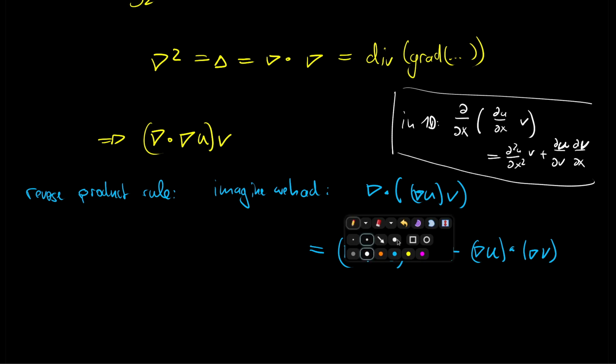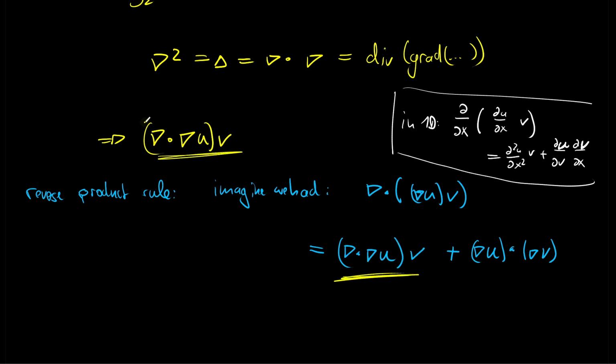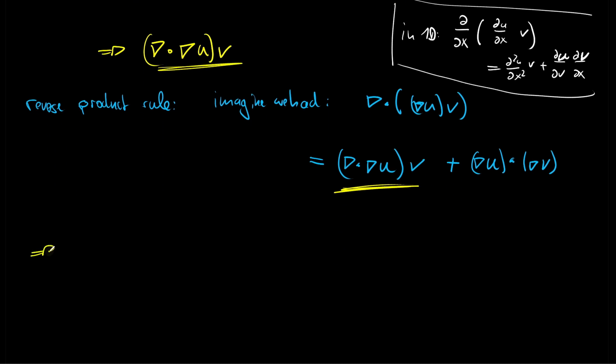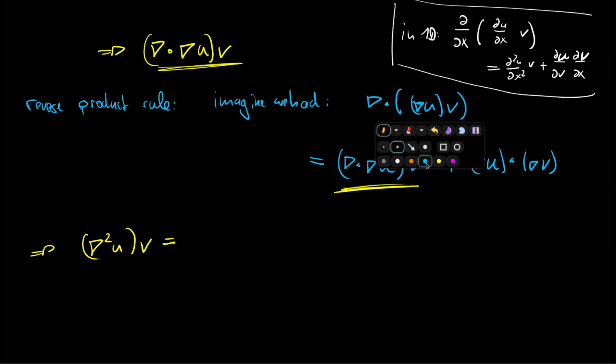And why I did that is because here we can now identify our Laplacian of u multiplied with v. So we can write that the Laplacian of u times v is equal to this one minus this one.